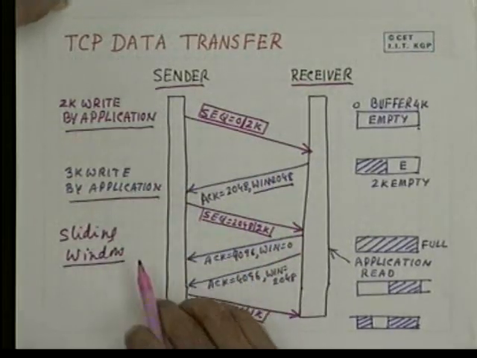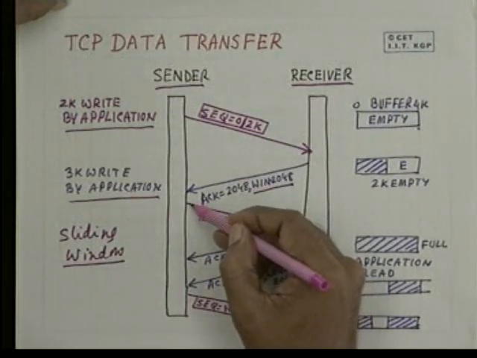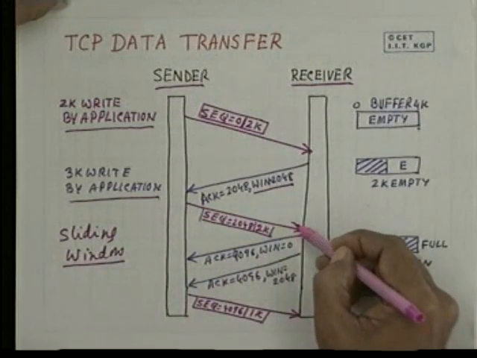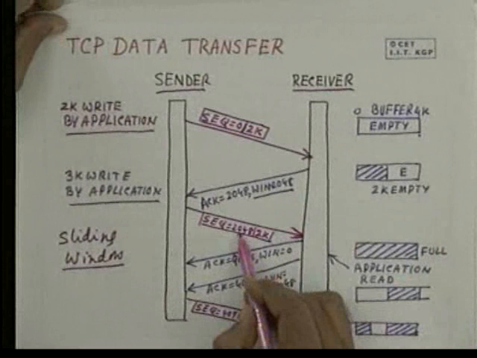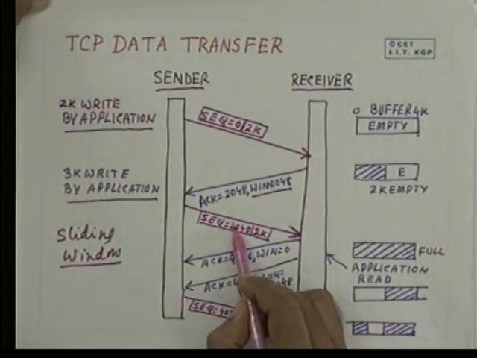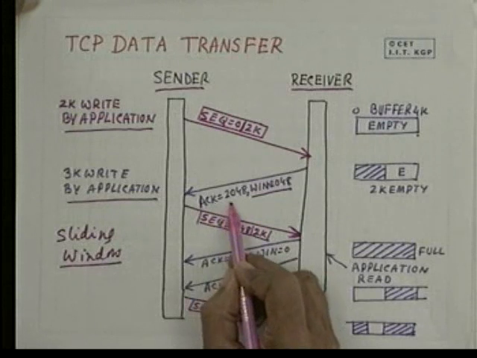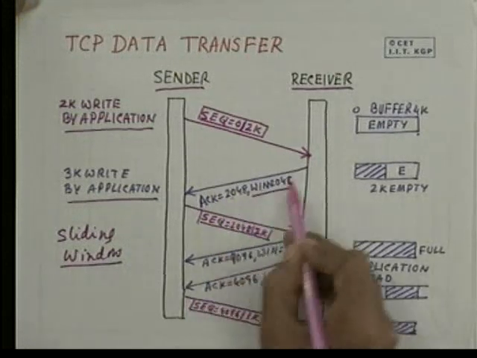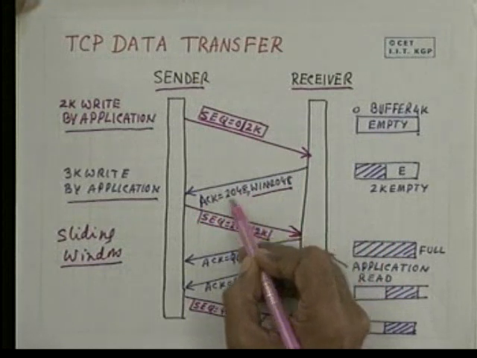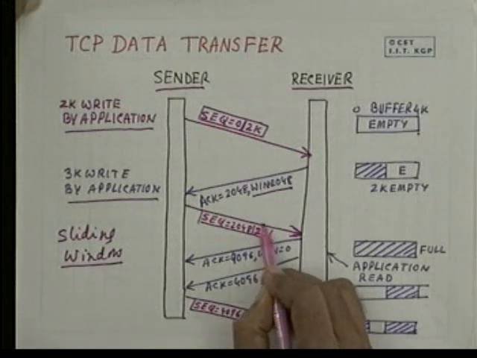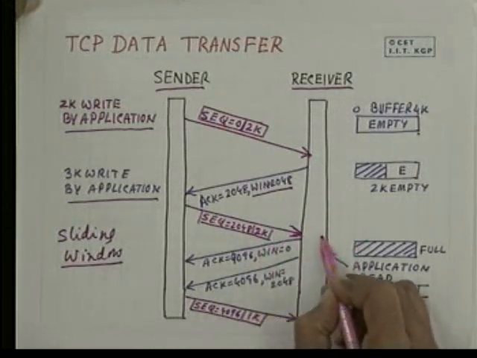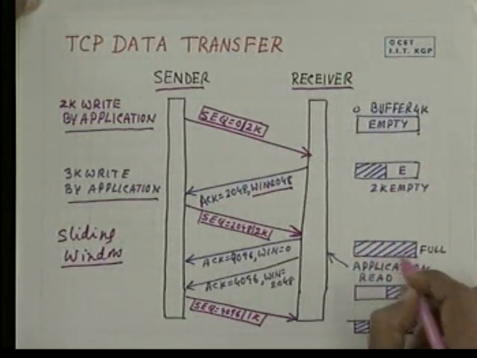Suppose another 3K has been written by the same application program. The sequence number was 0, now it is 2048, because up to 2047 has been sent and the acknowledgement was received for 2048. This means the receiving side is waiting for sequence number 2048, and the size of the segment is 2K, and after receiving this the buffer is now full.